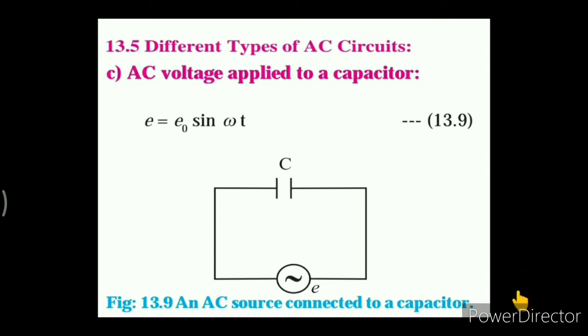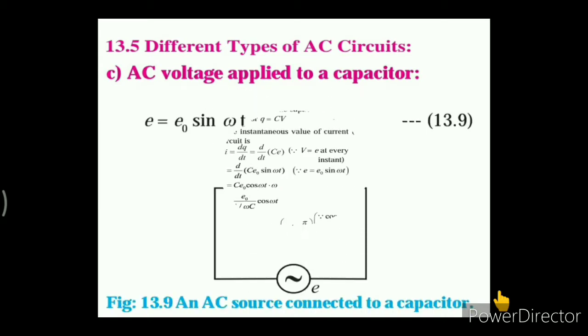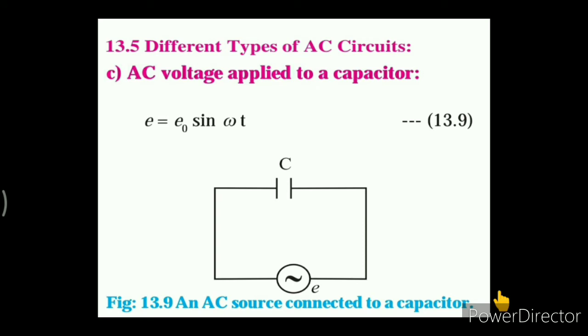Now the current flowing in the circuit transfers charge to the plates of the capacitor, which produces a potential difference between the plates. As there are two plates in a capacitor, when current flows in the circuit, it will transfer charge to the plates of the capacitor, which produces the potential difference between these two plates.